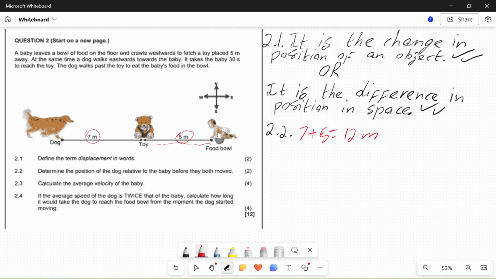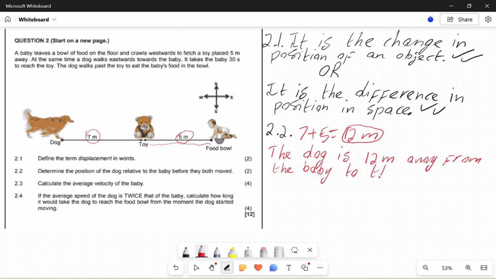Let's put it this way first. We'll say 7 plus 5 is 12 meters, and then when we conclude, we'll say that the dog is 12 meters away from the baby to the left.